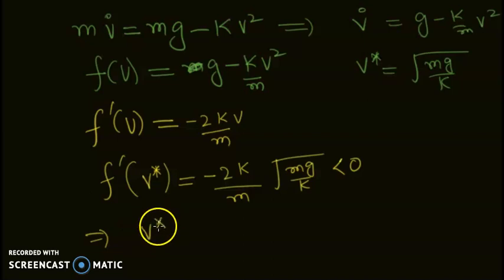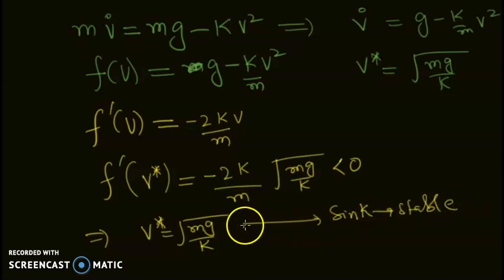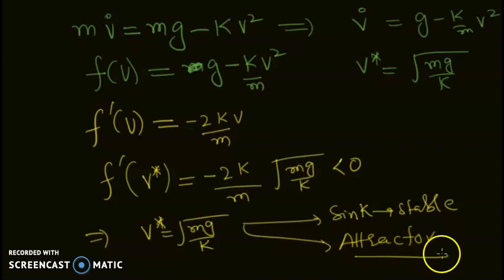This implies that v star, which is the terminal velocity, or the equilibrium solution of our differential equation, is a sink, hence it is stable.